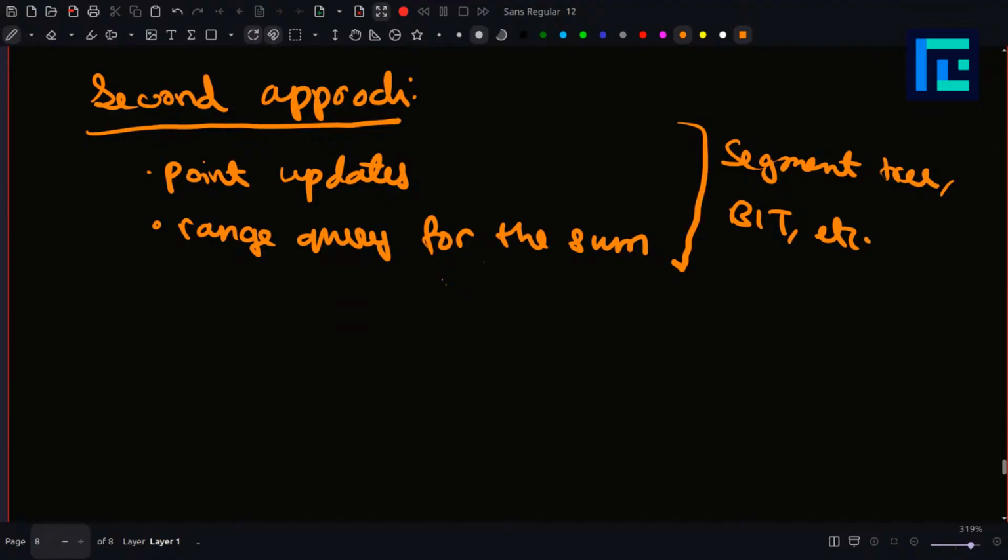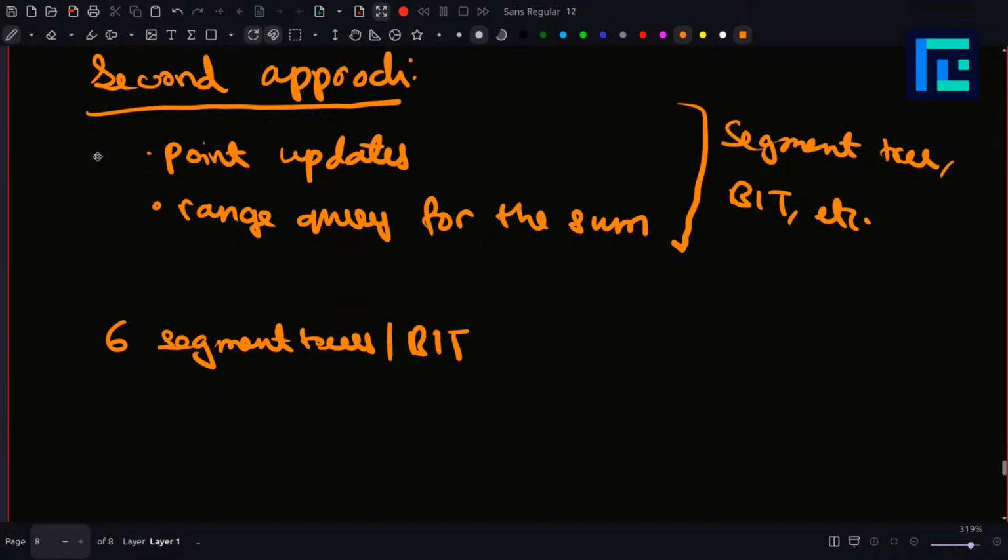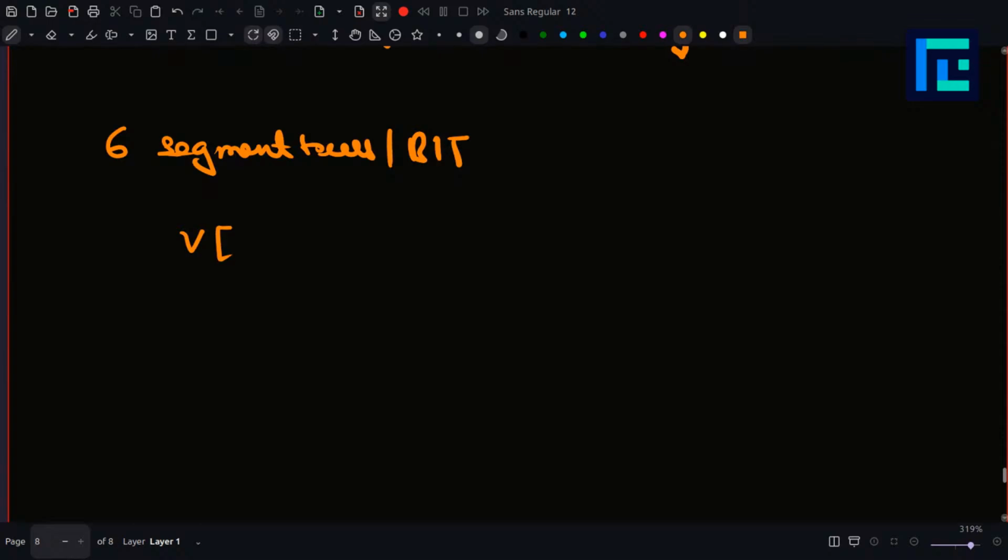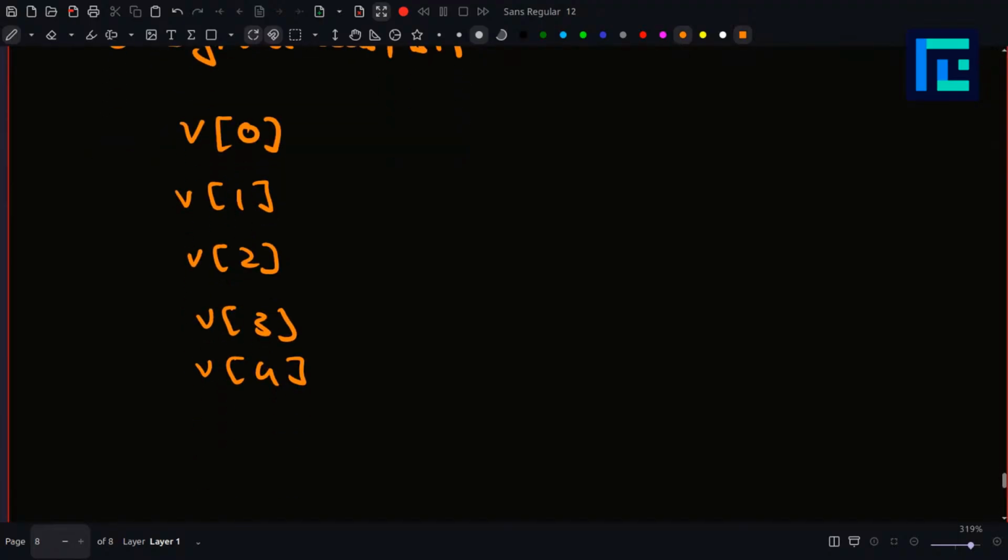Okay, so for this, we will create 6 segment trees, or binary index trees, which will be something like v of 0, v of 1, v of 2, v of 3, v of 4, v of 5, right? And what will they contain?